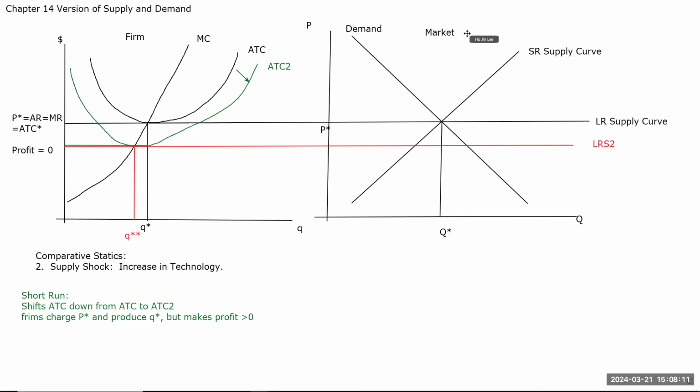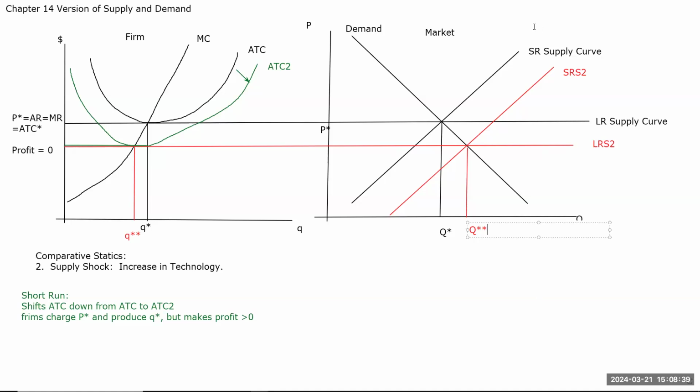And the short run supply curve shifts outwards to short run supply 2. And you have a new amount of output at the market.